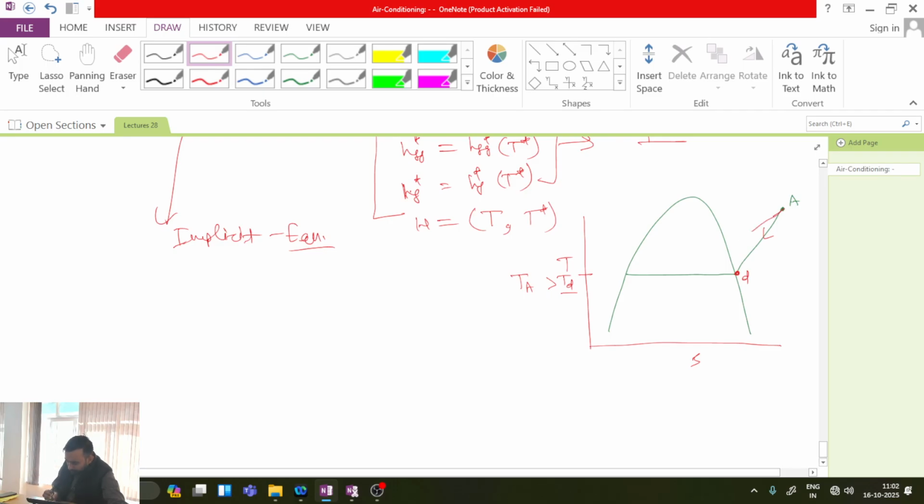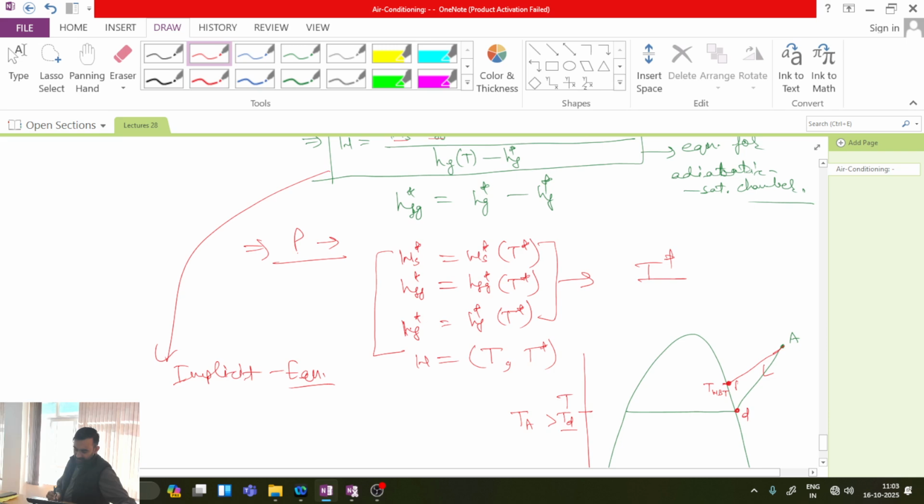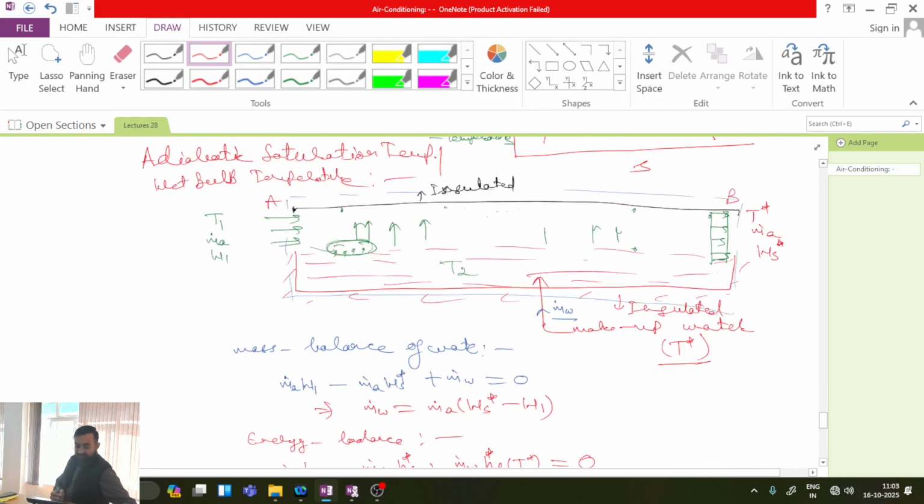So I will have a process something like this, and with this process, at the saturated state, whatever temperature I get will be my wet bulb temperature. How we can achieve this process A to B, I have also explained with the help of this adiabatic saturation chamber. Is this one clear?